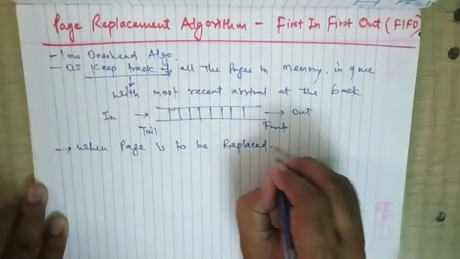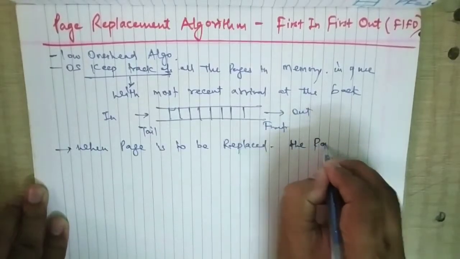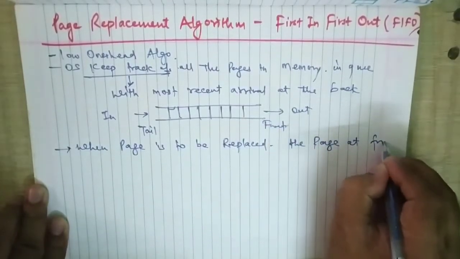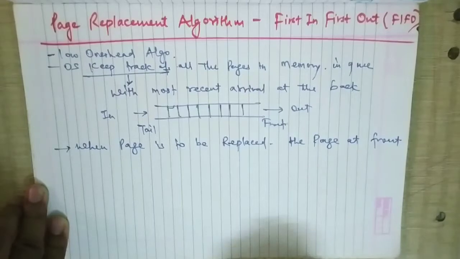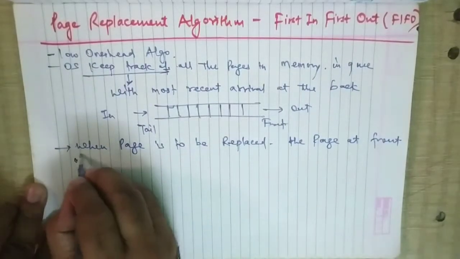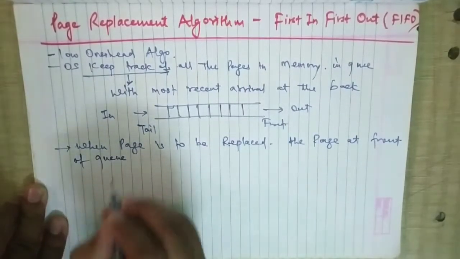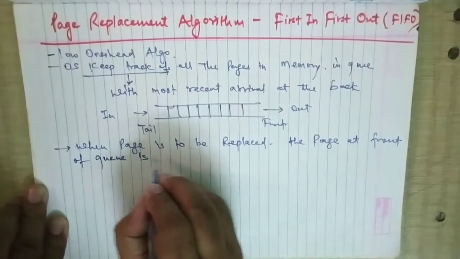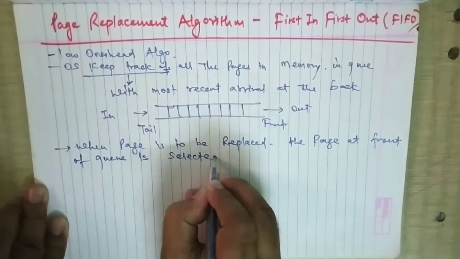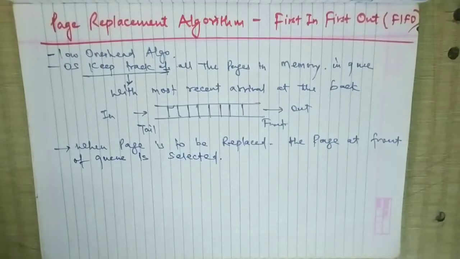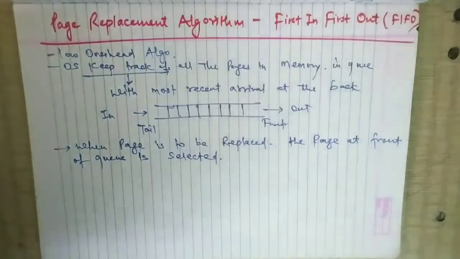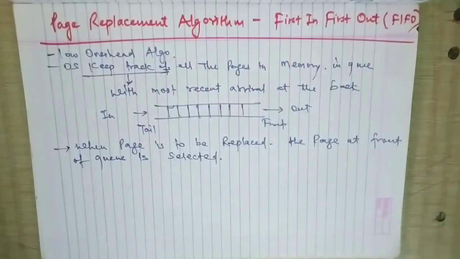The page at the front of the queue. In the FIFO page replacement algorithm we select the page on the front, because the page which has arrived first will go out first.